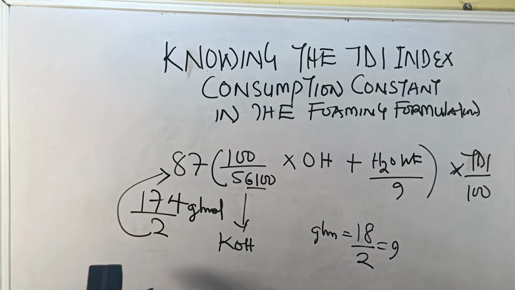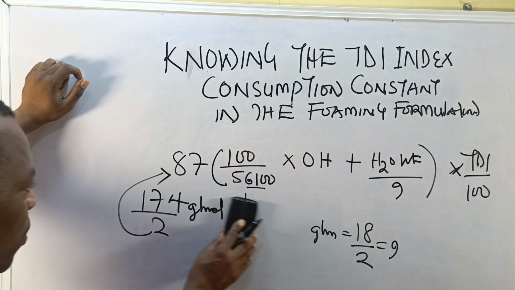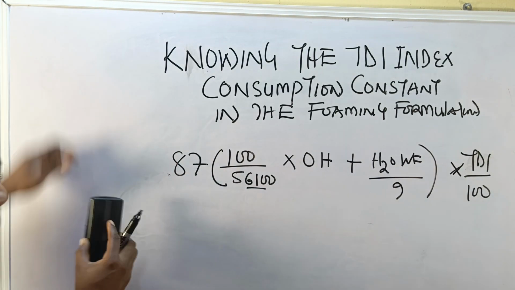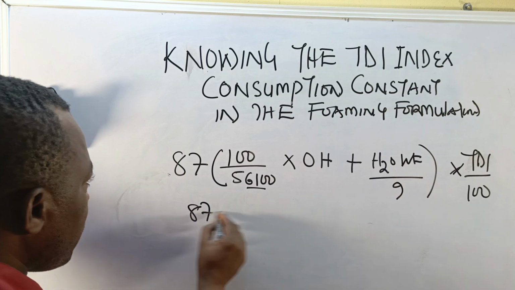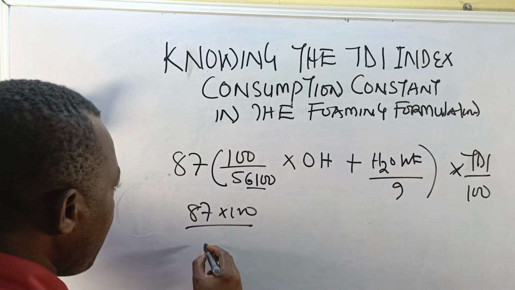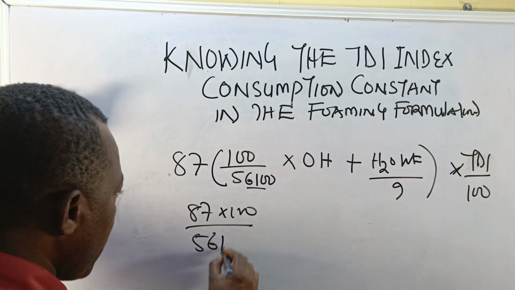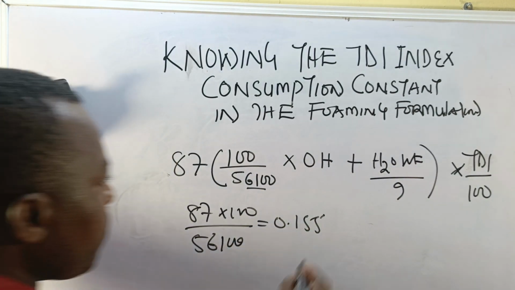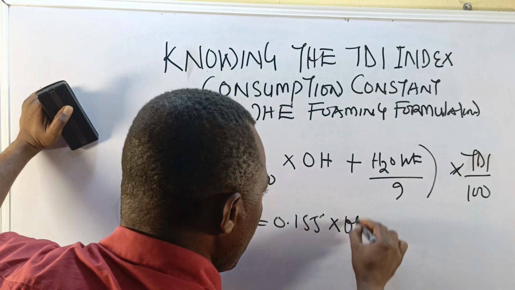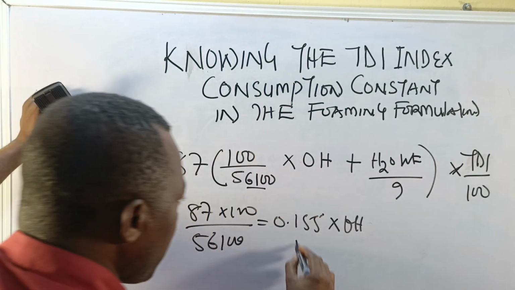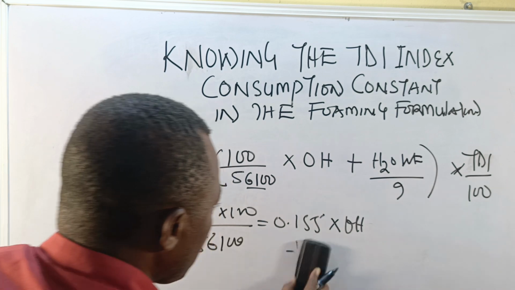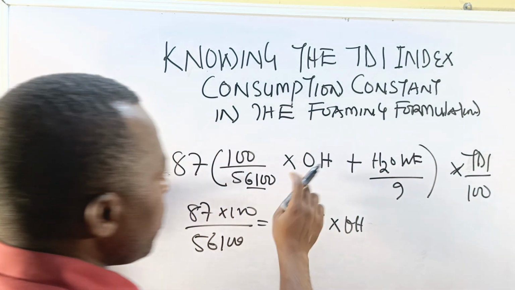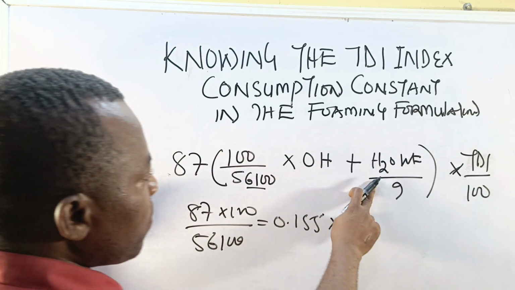Now, taking this into multiplication, if you want to open this bracket, what you have is 87 times 100 divided by 561,000 will give you 0.155, times the OH group, and then plus, let me go to this. Now this one will also be the same.